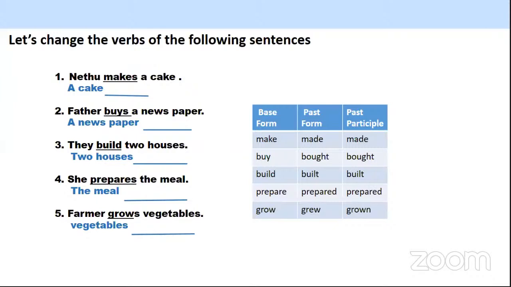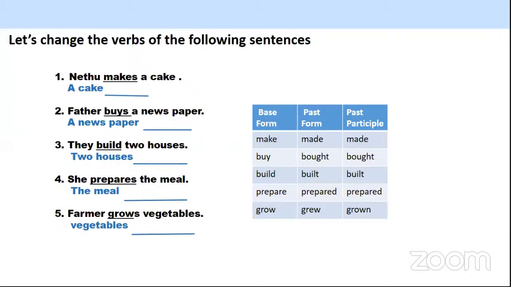Okay, I think you all have finished now. Let's see. The first sentence. What is the verb? Makes. Now you know we are discussing simple present tense. So makes is in simple present tense. So you have to decide the be verb.